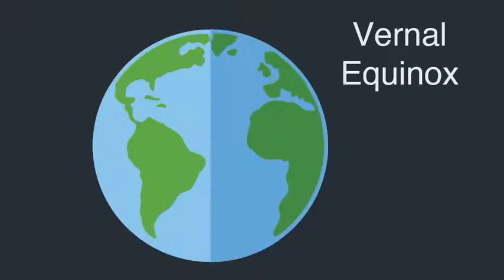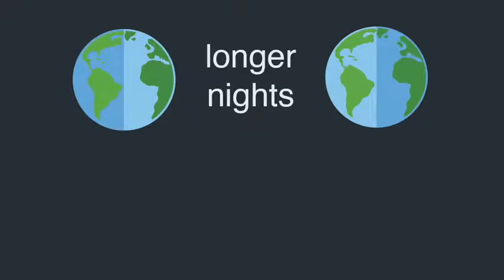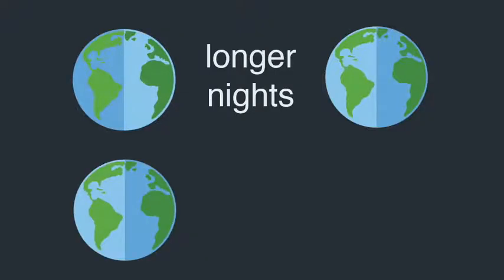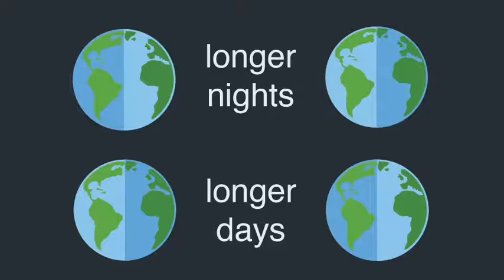And 6 months later, at the vernal equinox, occurring on or about March 21st, the days and nights are again both 12 hours long. In between the autumnal equinox in September and the vernal equinox in March, we have nights that are longer than the days. And in between the vernal equinox in March and the autumnal equinox in September, we have days that are longer than the nights.